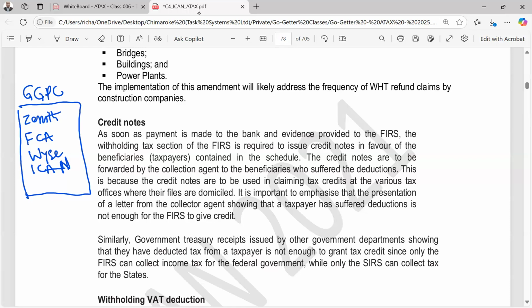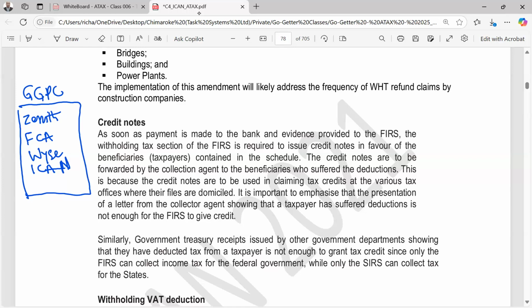And so these credit notes are to be forwarded by the collection agent to the beneficiaries who suffer the deduction. This is because the credit note is to be used by these beneficiaries in claiming their various taxes at their various tax offices where their files are domiciled.